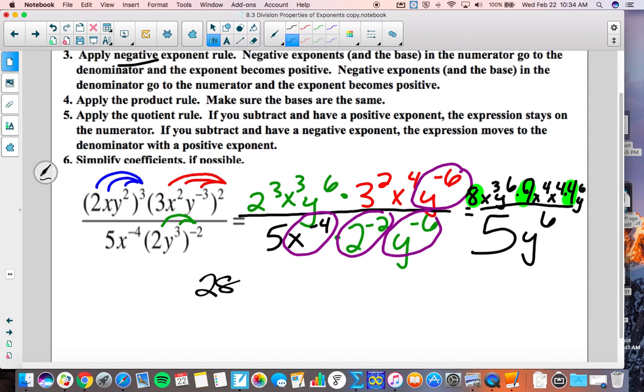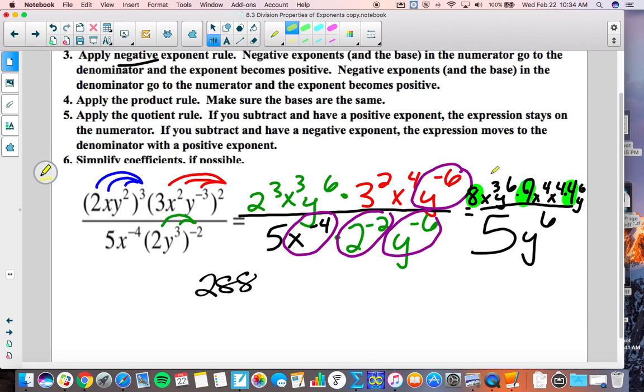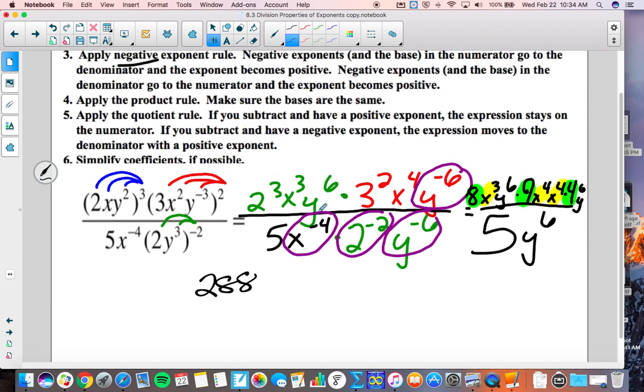So we got 288 on the top with the numbers, and then our x's. We've got x to the 3rd, x to the 4th, x to the 4th. When we're multiplying the same bases together, we add the exponents. So that's x to the power of 11. And then we have y to the 6th and y to the 6th. That means we have 12 y's getting multiplied together on the top.